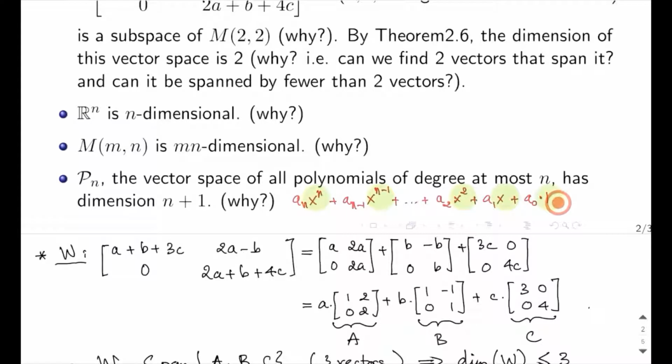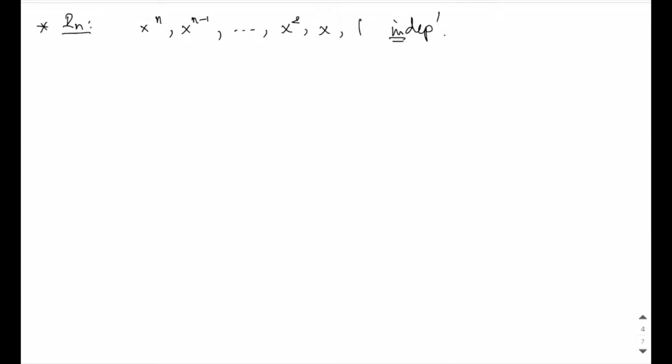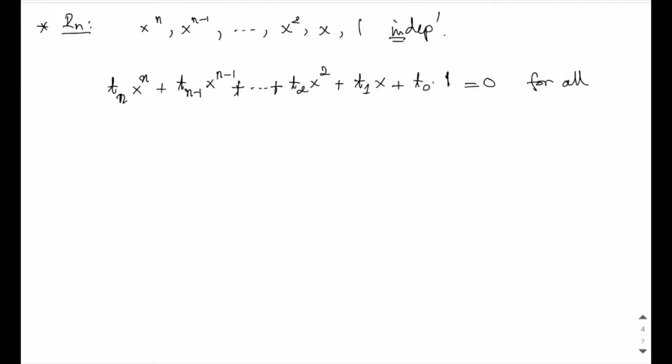And you can easily check that these are independent. Now, in order to check if it is independent, you do as regular. You set up a dependency equation, and you want this to be 0 for all x. Right? Remember, when we work with functions, polynomials are functions.